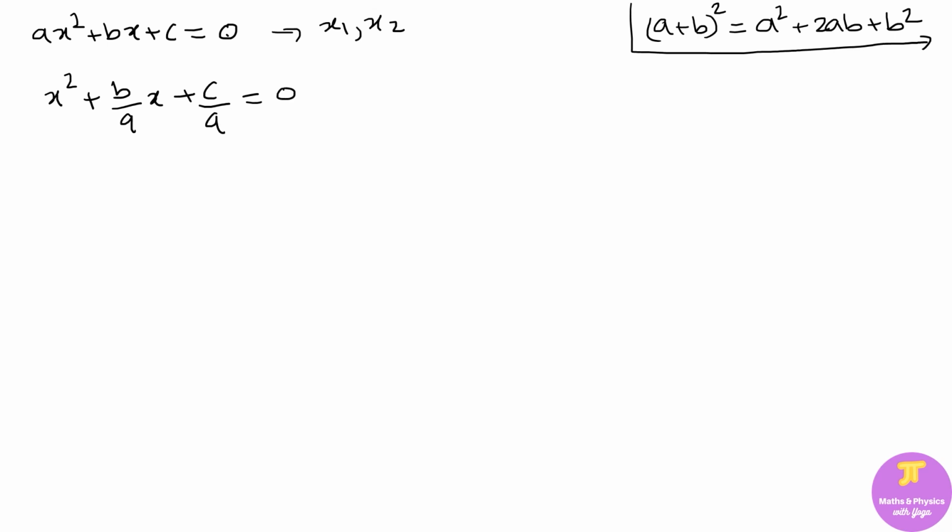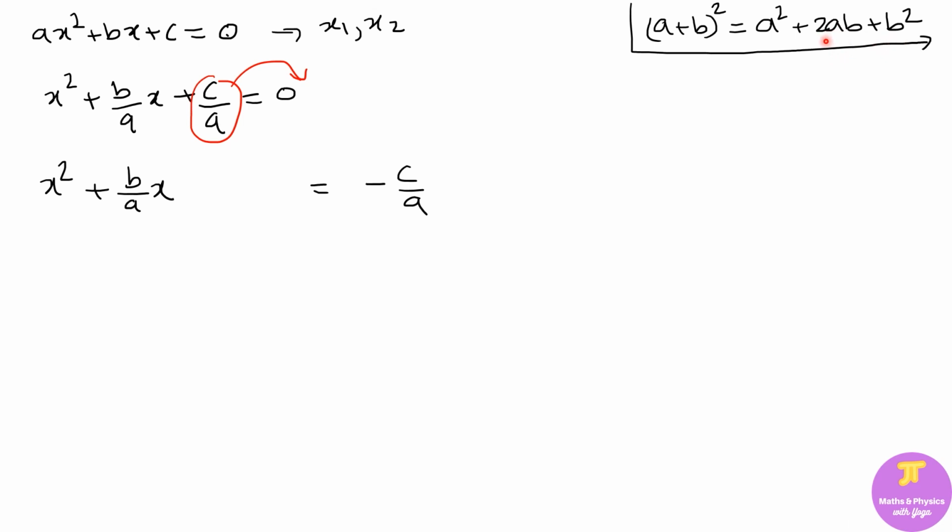Then we are going to move this part to the other side. So what we will have is x squared plus b over a x equals, let me give a space because I'm going to do some manipulation, minus c over a.